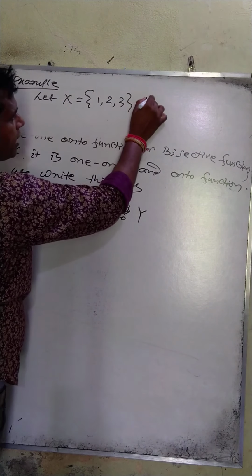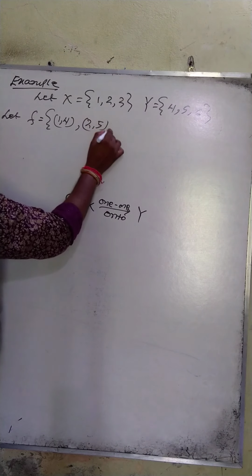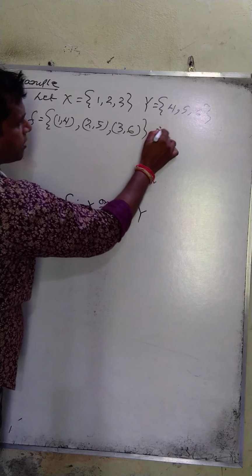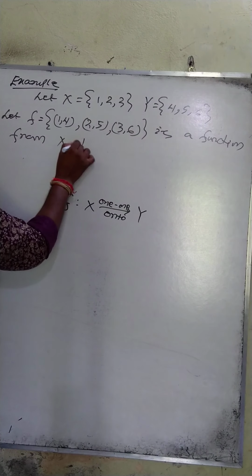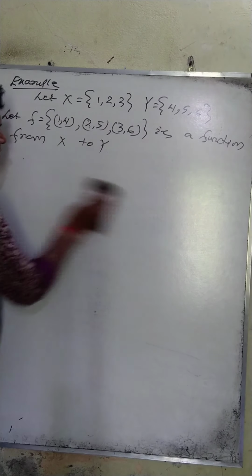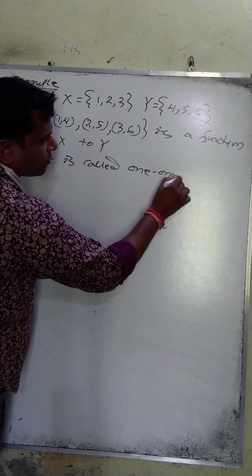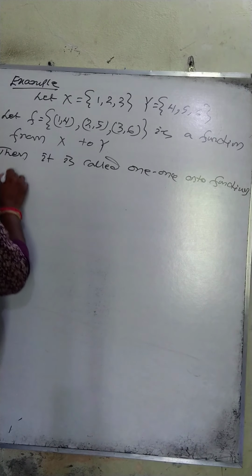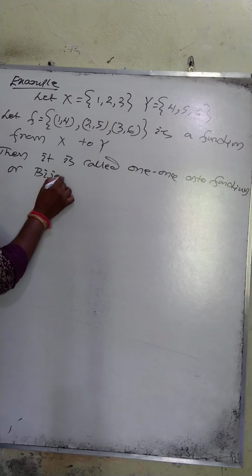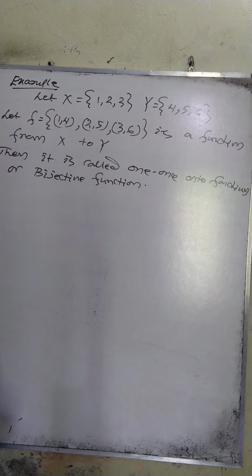Let f is equal to {(1,4), (2,5), (3,6)} be a function from X to Y, then it is called a one-one onto function or bijective function.